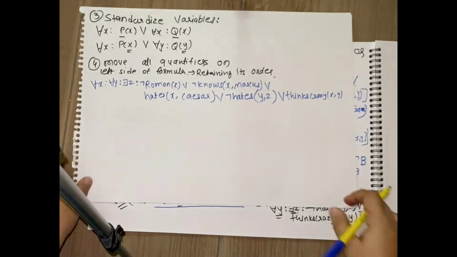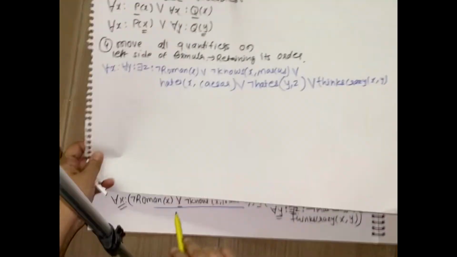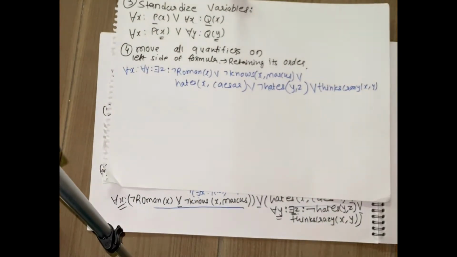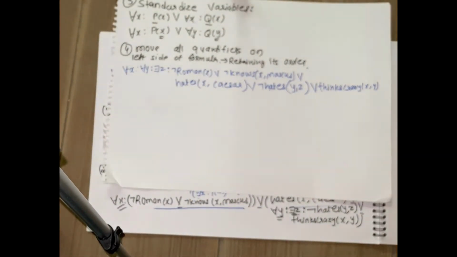So all the quantifiers have been moved, all the brackets have been opened, and I have simply pasted the rest as it is. This is how we apply the fourth step.